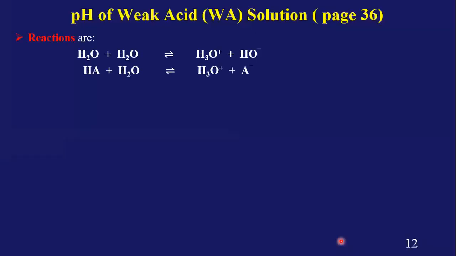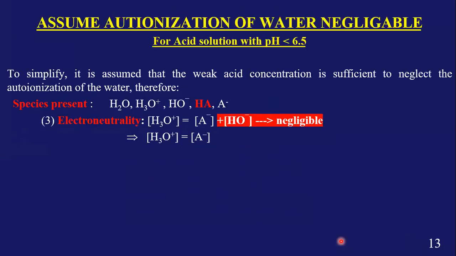The first approximation that is done is we assume that water is negligible. I assume this. The idea that water is negligible means that the pH of the acidic solution of HA, a weak acid, has to be less than 6.5. Because if it's above this and I have an acidic solution, that means my water will start to say, wait a minute, I exist.